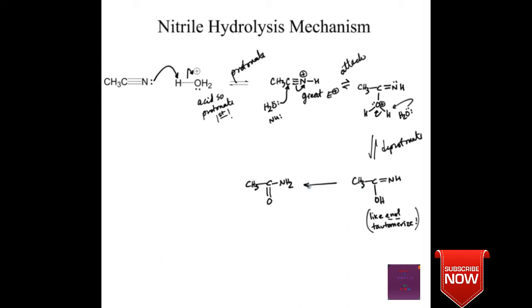But either way, when we compare these two structures, what we see is that here we have an NH and now we have an NH2. So one thing we have to do is protonate here. Right? At some point we have to protonate here. And down on the oxygen we have an OH and it ends up being just an oxygen. So another thing we need to do is deprotonate here.